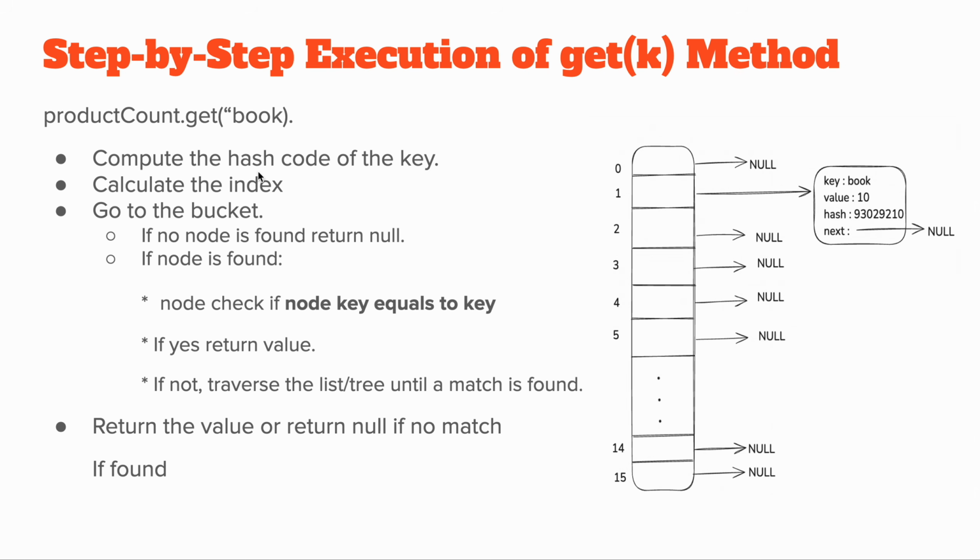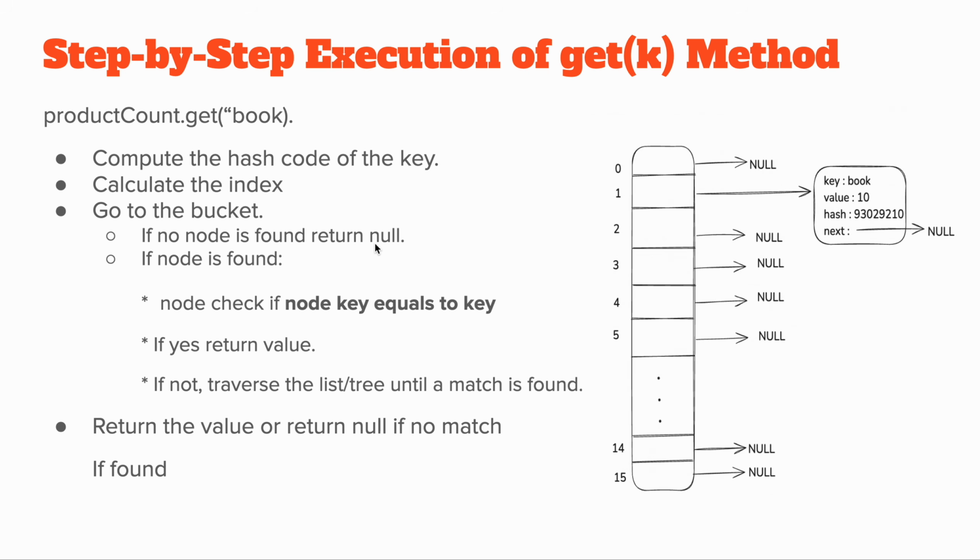In case of get also, first it computes the hash code, then the index calculation happens. Once we get the index, it goes to the bucket. Let's assume in case of this key book, we get index 1. It goes to this bucket and compares if this key is equal to the node key. If it is, it returns its value.